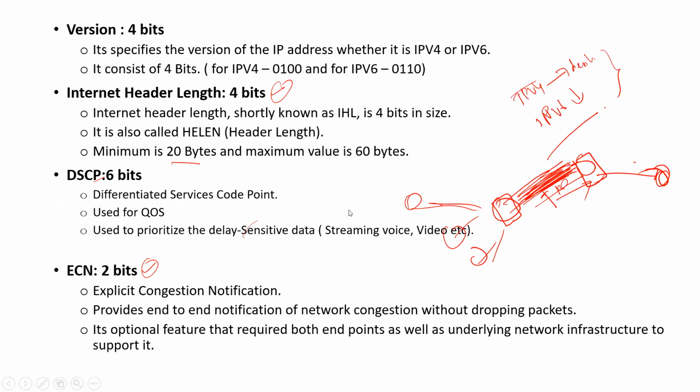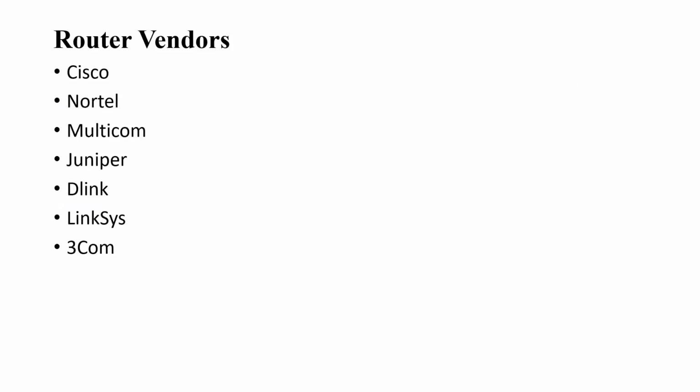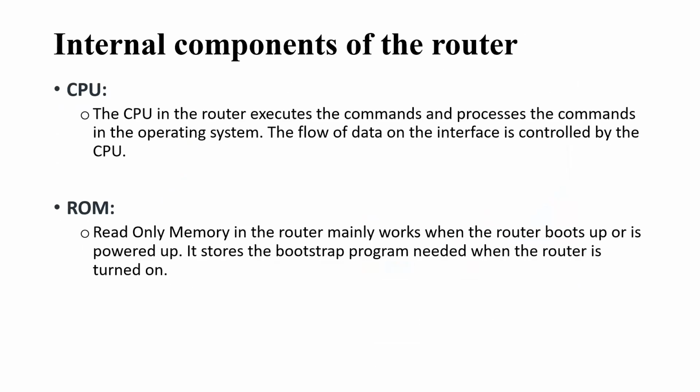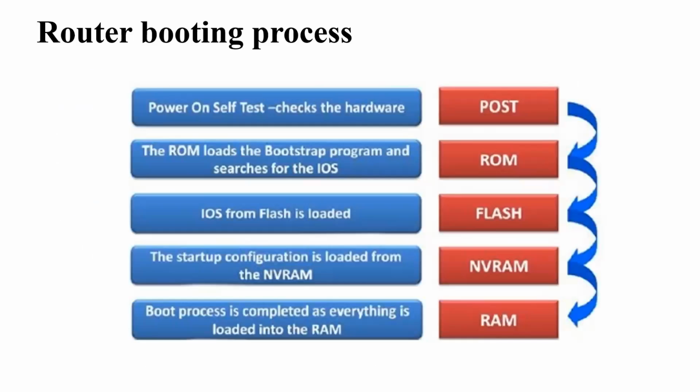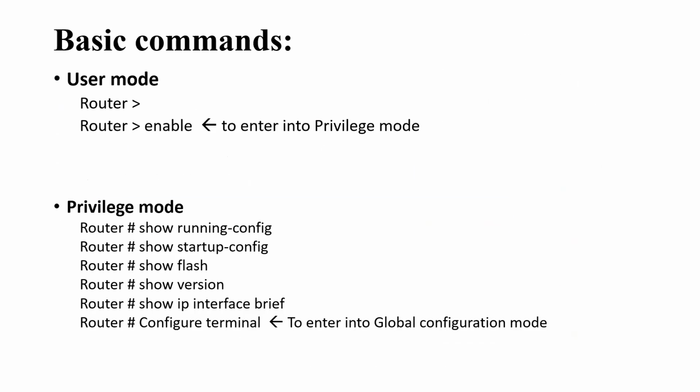So in the next session, we'll go with what is a router, what are all the vendors we have, what are the router classifications, what are the internal components of the router, and if we reboot the router, what steps it follows, and what the modes of the router are.